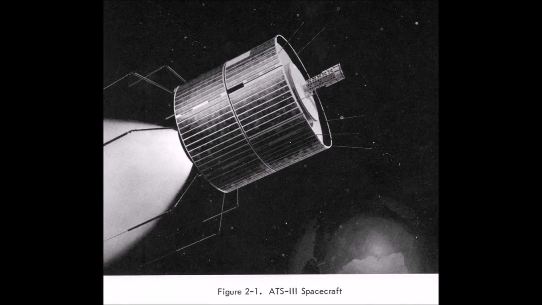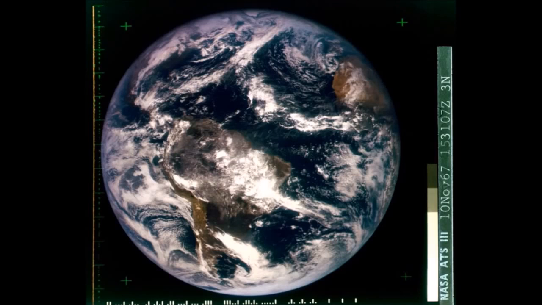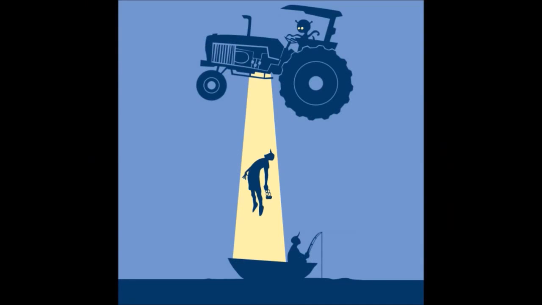Beyond this satellite, we have the ATS-3. This one is also a pathetic joke because this satellite, operated by NASA from 1967 until 2001, they claim it was in geostationary orbit. 22,000 miles.